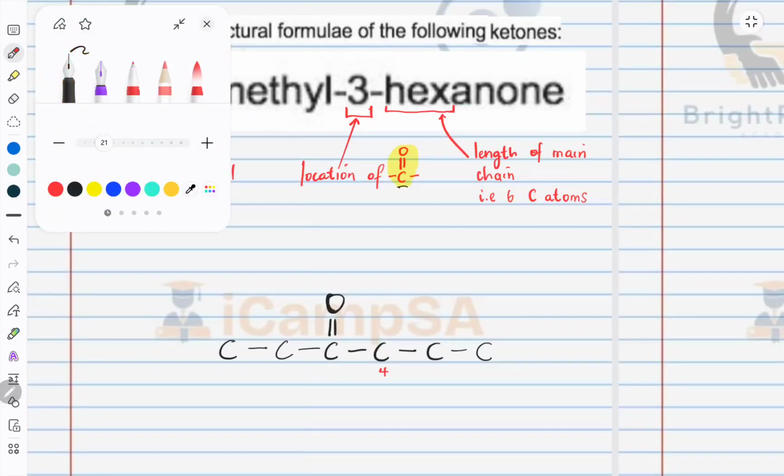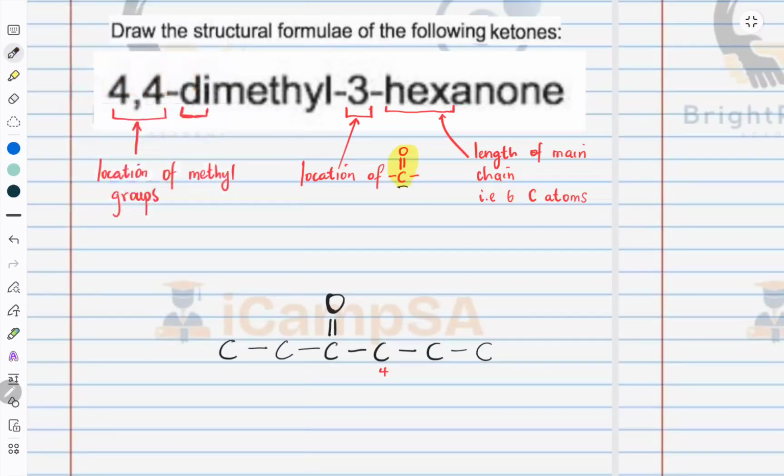So on carbon atom number 4, that's where we find the 2 methyl groups. So I can put them there. I can put the first one here, then the second one there. Then now I can go ahead and populate my remaining bonds with their hydrogen atoms.